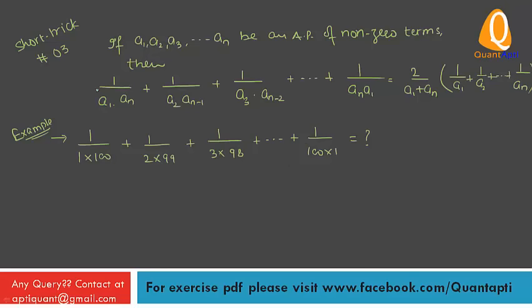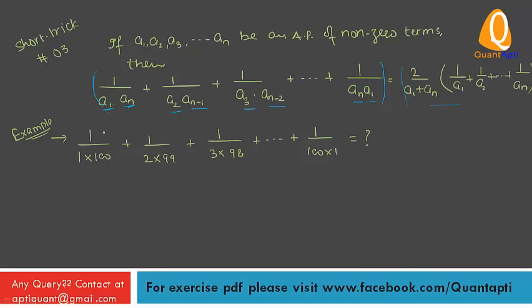Again, if you encounter a1 an, a2 an minus 1, a3 an minus 2, up to an a1, then the value is always given like this. Now check there, this is not in sequence or series like 1 into 2, 2 into 3, 3 into 4, 4 into 5, 5 into 6.